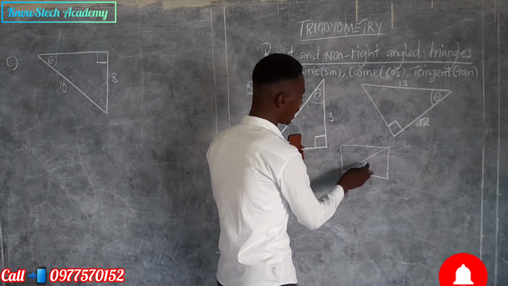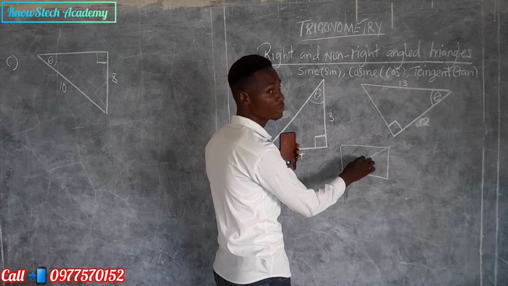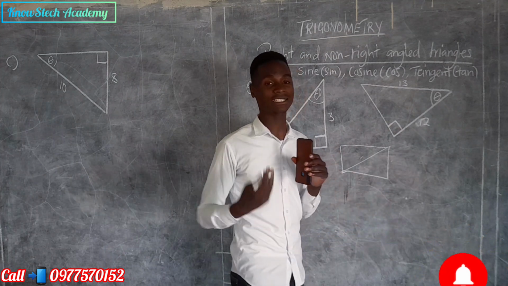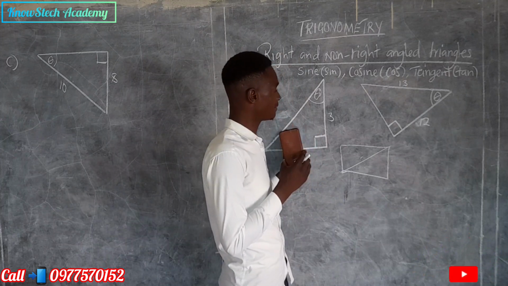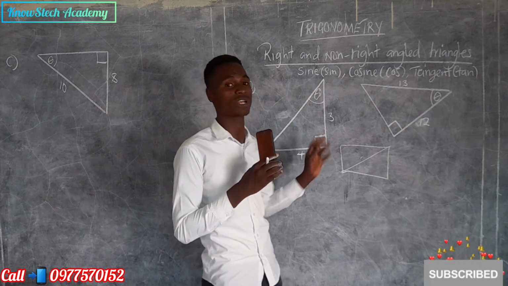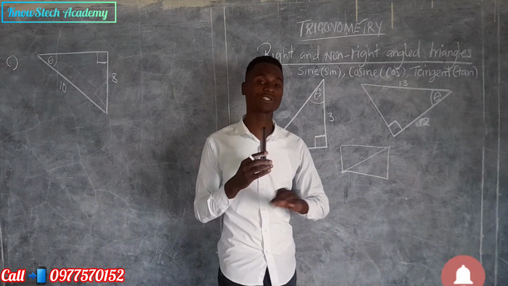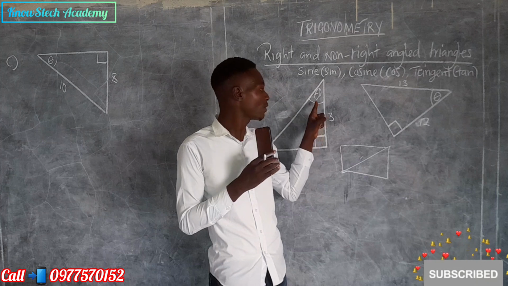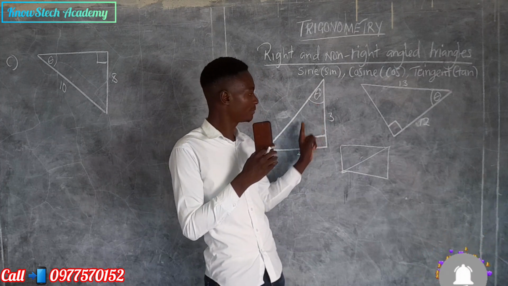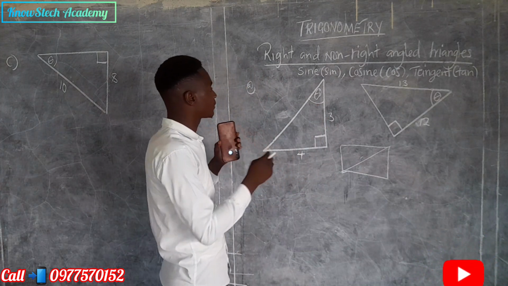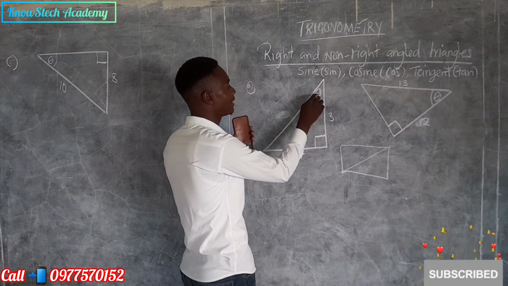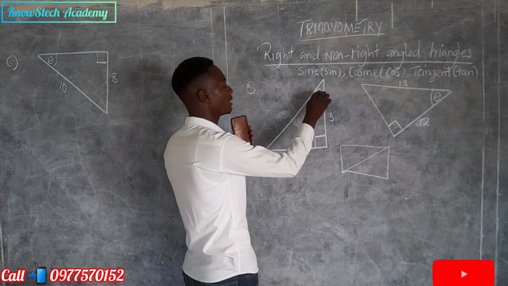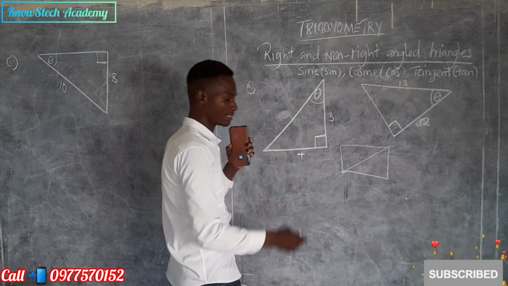Then you have this side, which is called the hypotenuse. In grade 8 and 9, the other two were just called adjacent. But at this level, they may have different names, depending on the position of the angle theta here. Theta represents an angle.